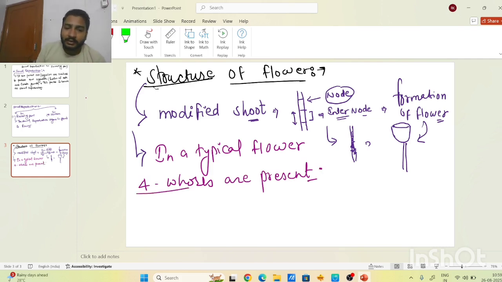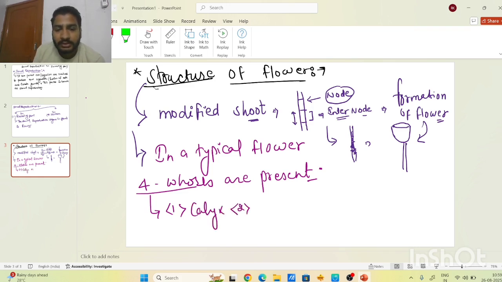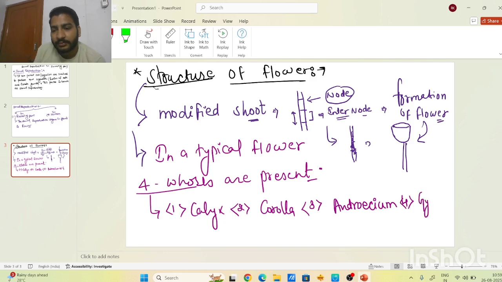The four whorls are: first one is calyx, second is corolla, third is androecium, and fourth one is the gynoecium.